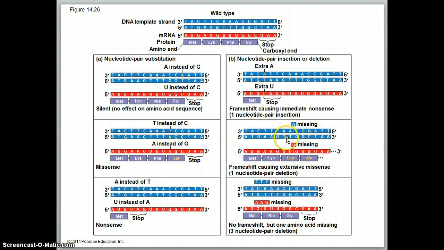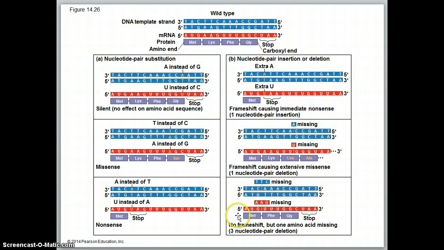In this example, we have a deletion. So this protein is going to continue. It's not going to have the stop codon in the appropriate location. So this is going to cause an extensive missense, making a protein that's a lot longer than it really should be. Just adding one nucleotide can do that.